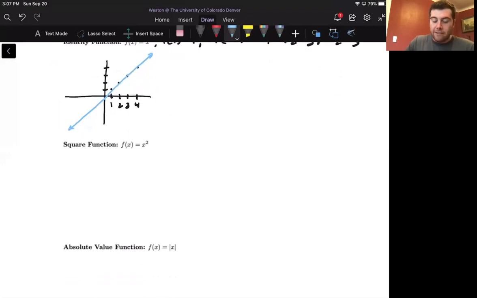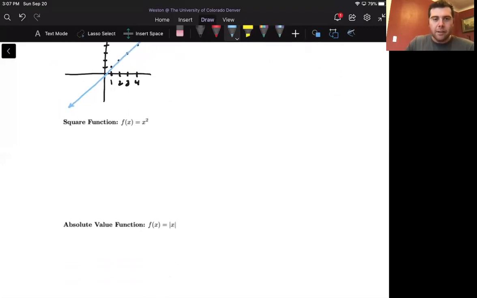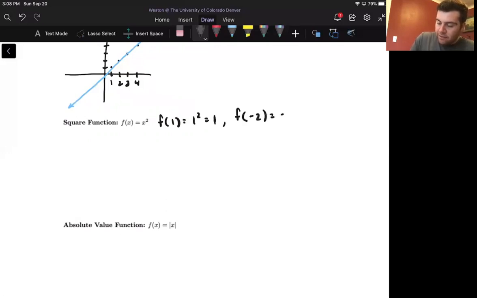We then have the square function. The square function says you plug something in and you square it. So f of 1 equals 1 squared, or 1. F of -2 equals -2 squared, or 4, and so on. It's pretty straightforward.